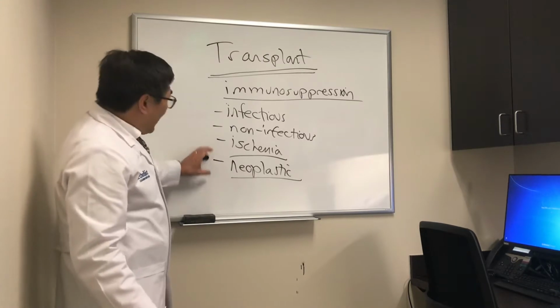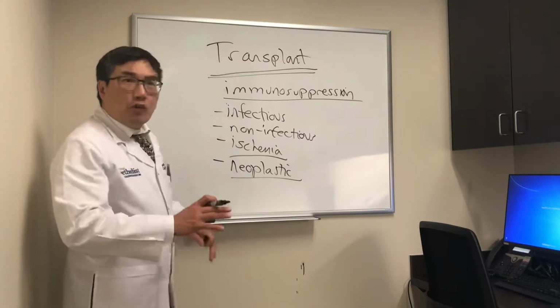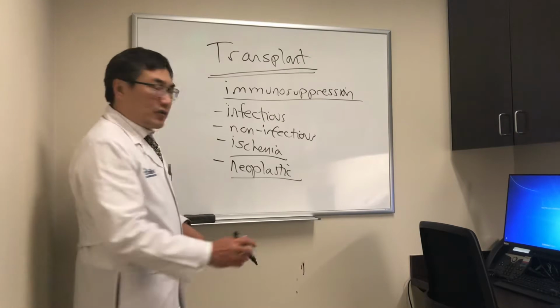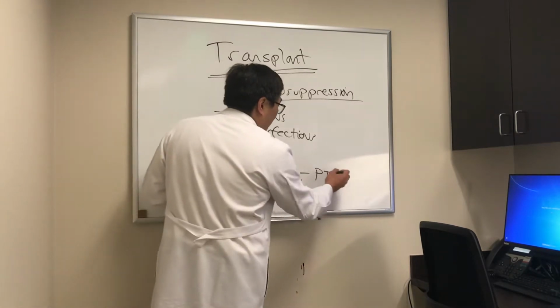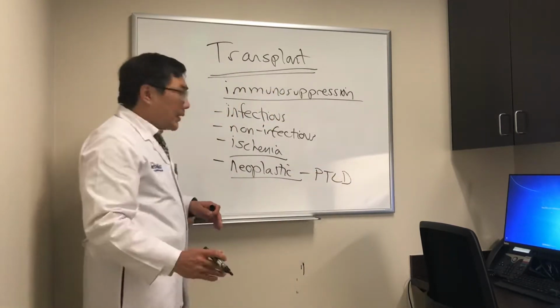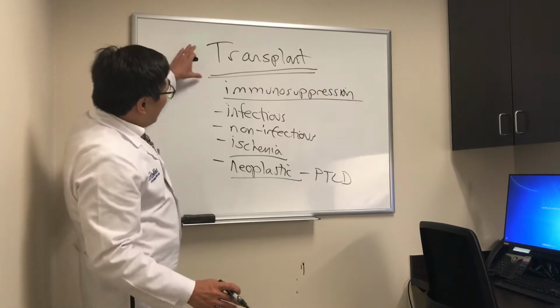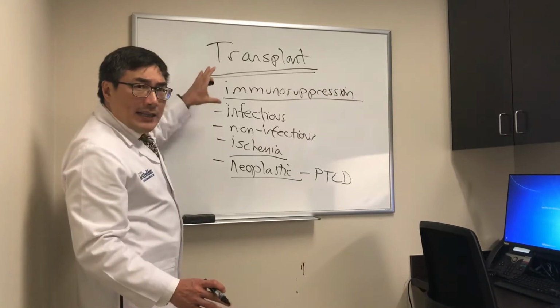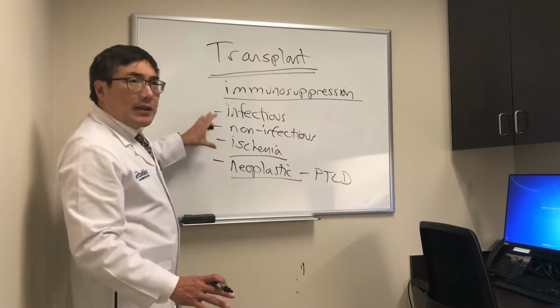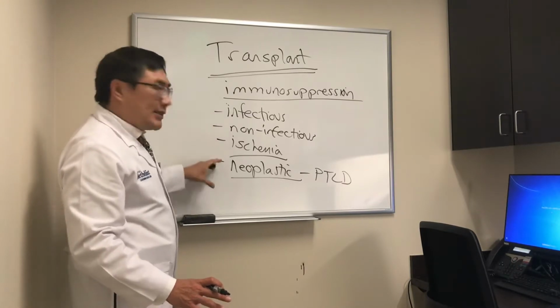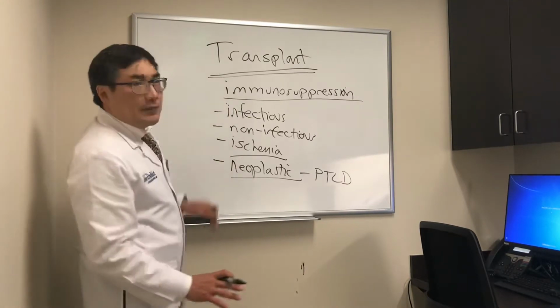And if you have a transplant, you might have post-transplant lymphoproliferative disorder, which is lymphoma usually, but it doesn't have to be. So in Neuro-op, both on the afferent and the efferent side, we're going to be thinking about infectious, non-infectious, ischemic, and neoplastic conditions in immunosuppression.